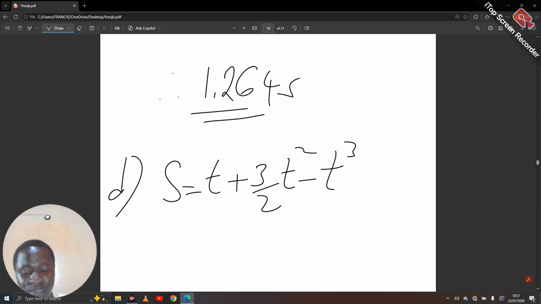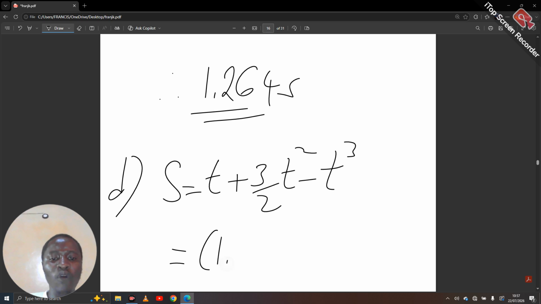They want the displacement. Remember the time taken for the particle to be at rest is 1.264. That is the very same time we shall use to get the distance covered by the particle when it came to rest. So it is just a matter of substitution.